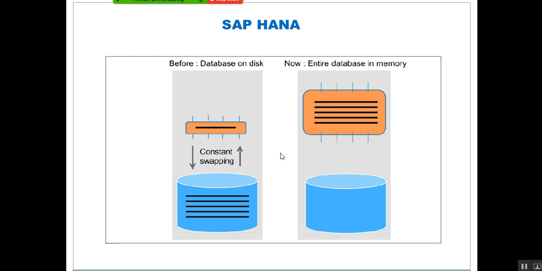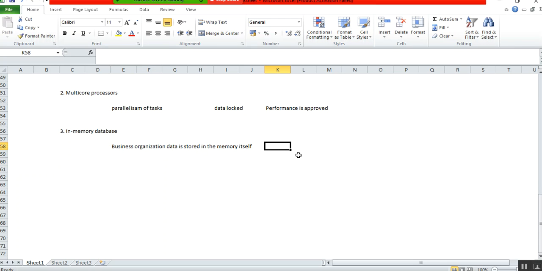This picture will give you an idea. Here it is constantly swapping, constantly rotating, this is spinning, and you have less memory. The data is also very less, but here the total complete data is available. So how much data can be available? You can say, for an average business organization, 2-3 years of data. Not only one day, you are posting daily business transactions, right?